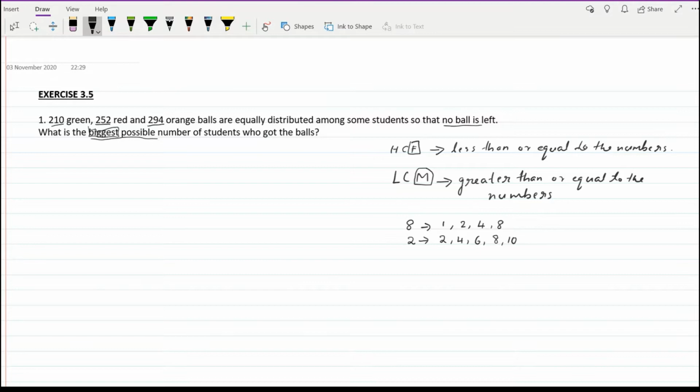Here one clue is there in the question: what is the biggest possible? The word biggest points to HCF, the highest common factor.